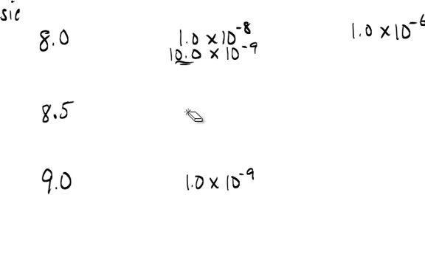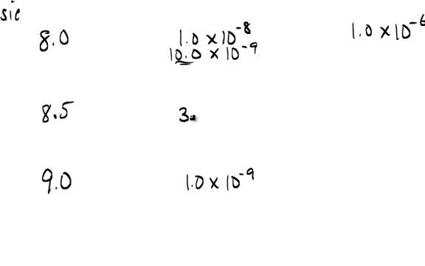You know that the concentration of H plus here is 10 to the negative pH, which is 10 to the minus 8.5. That's correct, but that's not going to help us get our benchmarks. If you put that in your calculator, you will see that it is 3.2 times 10 to the minus 9. So the 3 is good enough for us to get our benchmark here.